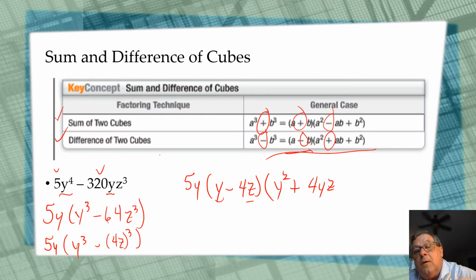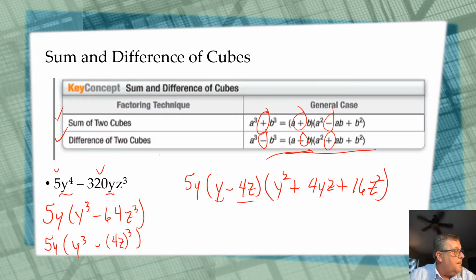Here and here. Plus 4z, and now that's squared, so that would be 16z squared. So, using the difference of cubes, 5y to the fourth minus 320yz cubed factors as 5y times y minus 4z times y squared plus 4yz plus 16z squared.